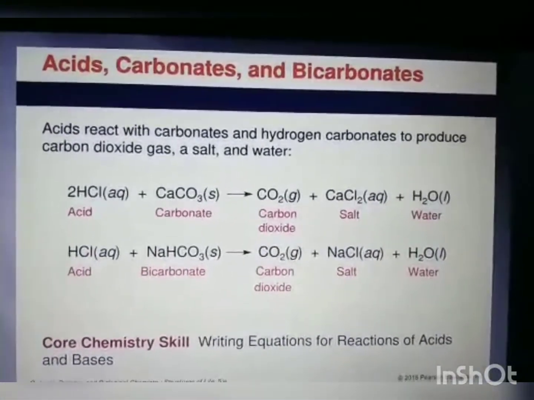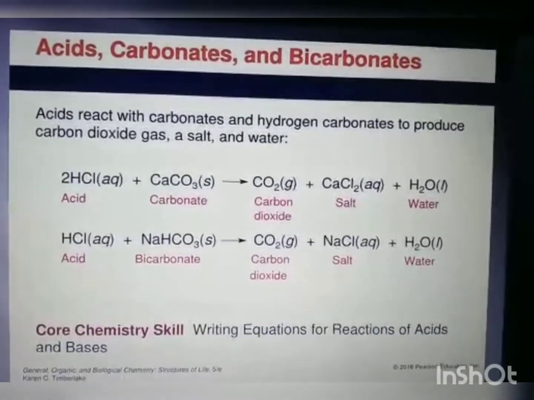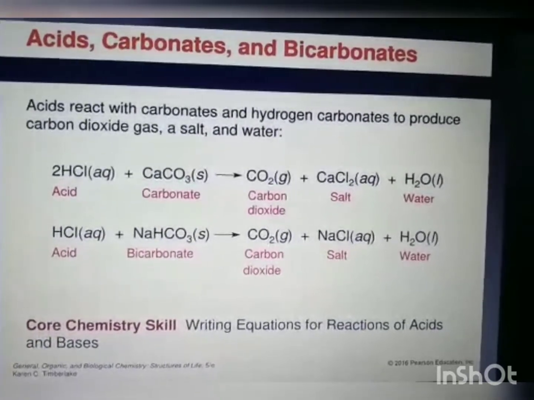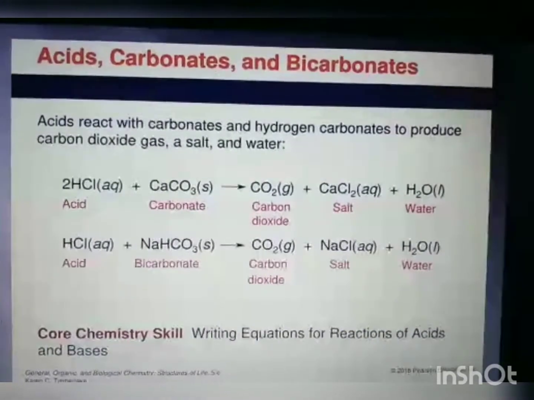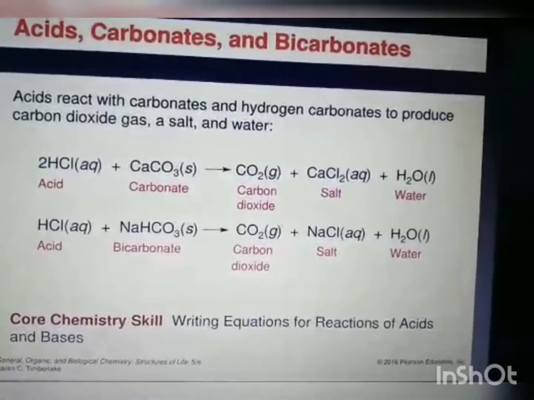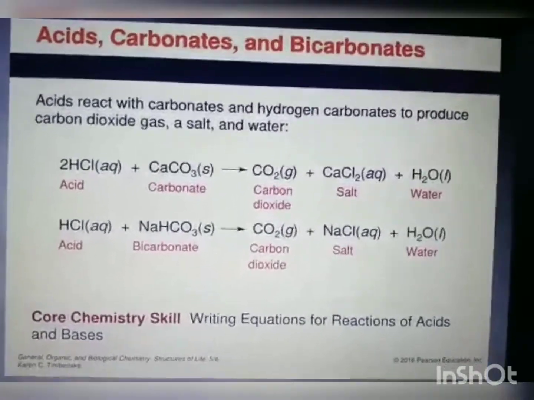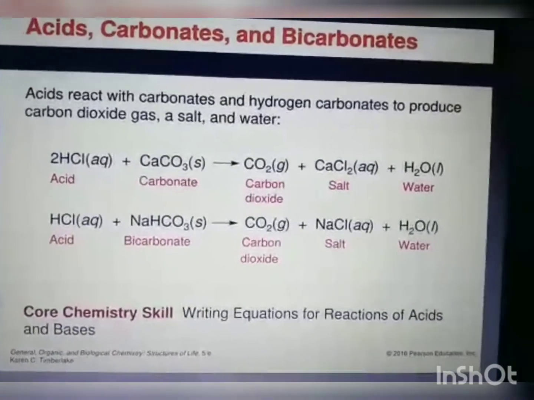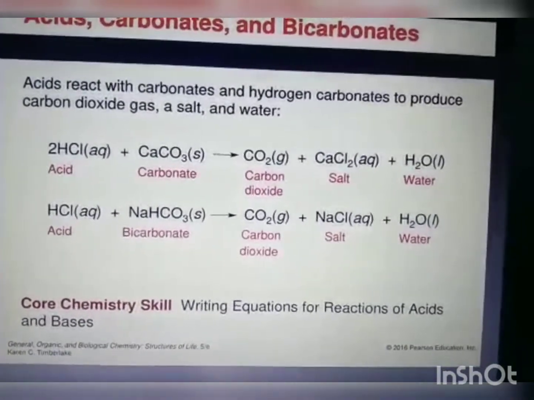Now the next reaction which I have taken in this example, that is HCl. Again HCl, that's an acid. NaHCO3 is sodium bicarbonate. Bi represents hydrogen, so H is to be added in this. NaHCO3, this is the formula of sodium hydrogen carbonate or sodium bicarbonate, we can also say.